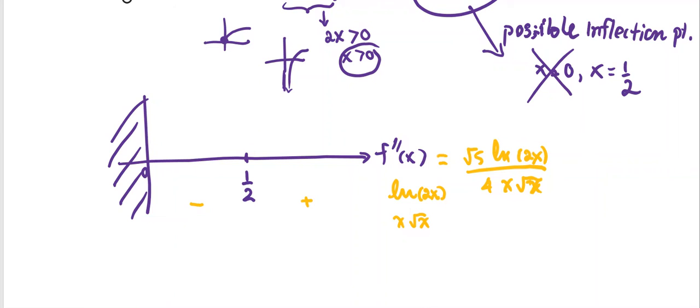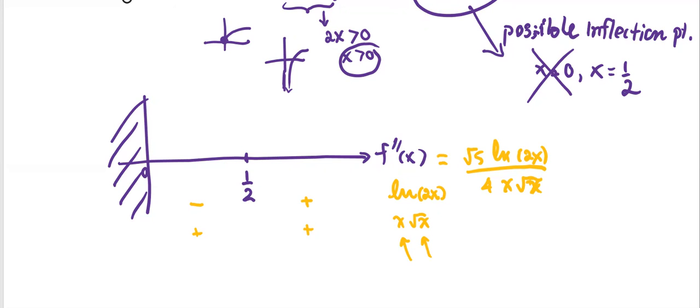In a similar way, we analyze the x times square root x, which is always positive because we consider anything greater than 0. You put a positive number in there, you always get a positive sign. It doesn't matter if it's less than 1/2 or greater than 1/2. Does it make sense?